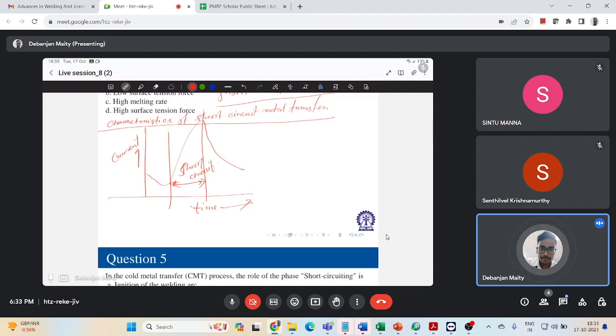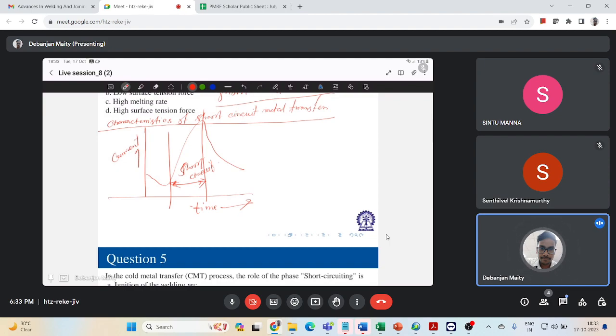The main difference is in terms of feeding the wire. In gas metal arc welding with globular and spray transfer, your wire will be continuously moving forward into the weld pool.